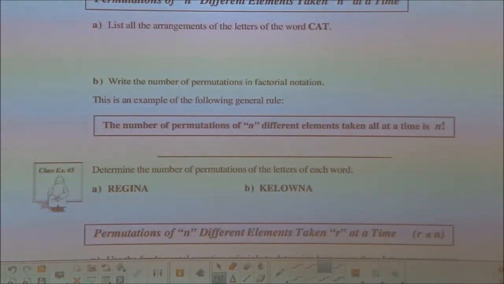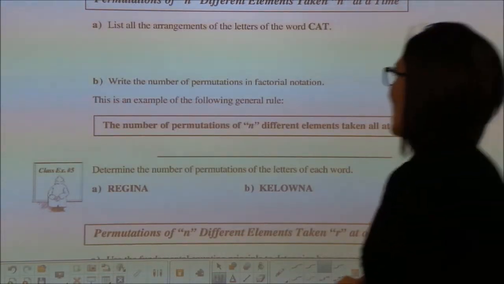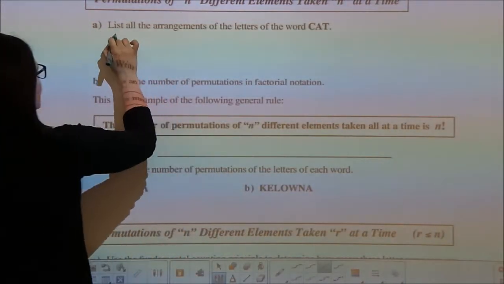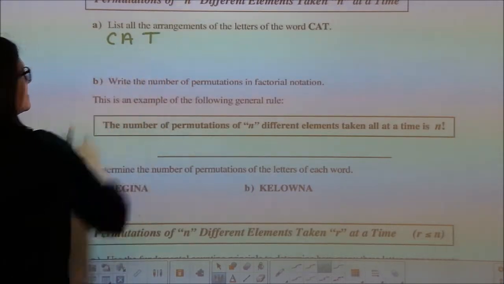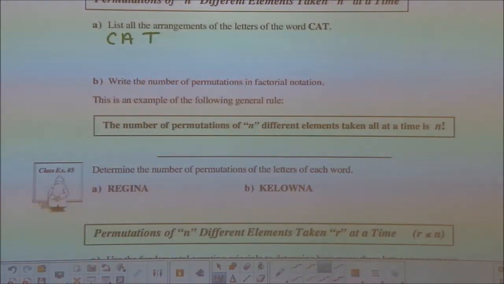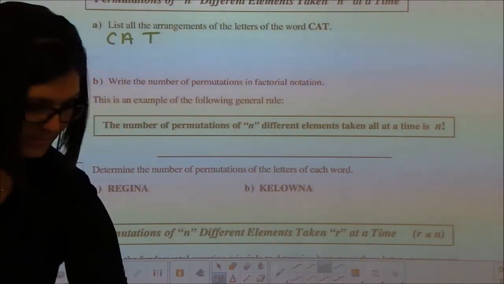So if I have the letters of the word cat, how many ways can I arrange those 3 letters?